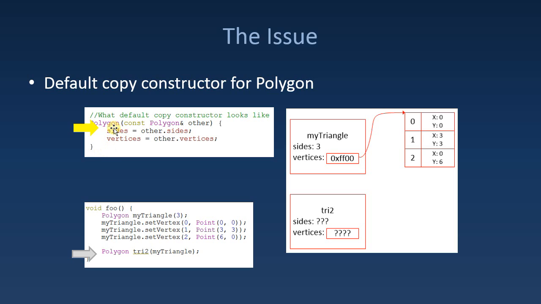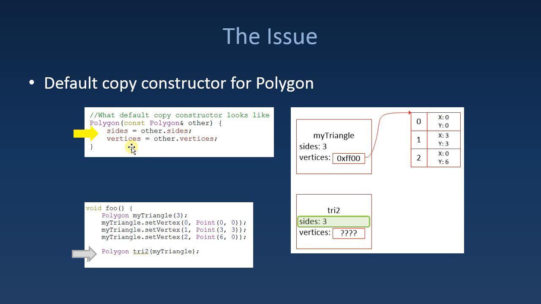And the phantom one is going to take a polygon reference called the other and use it to build my polygon. It's going to take the other's sides and copy it into my sides, the other's vertices and copy it into my vertices. Well, sides, that makes sense. The other triangle's got 3 sides, I'm going to have 3 sides.